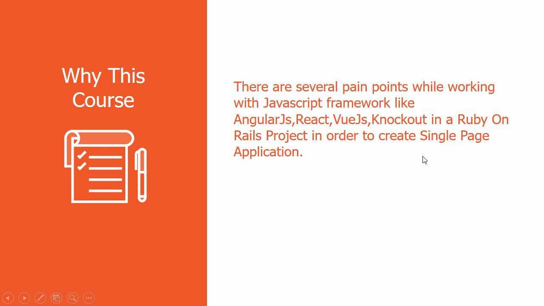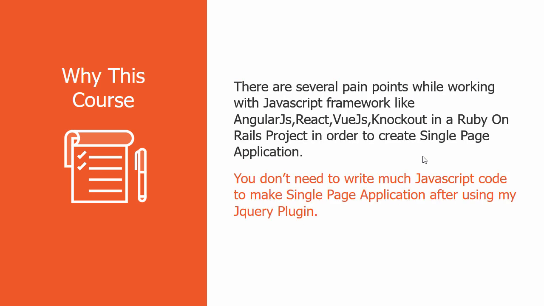Why this course? There are several pain points while working with JavaScript frameworks like AngularJS, React, VueJs, Knockout in a Ruby on Rails project in order to create a single page application.